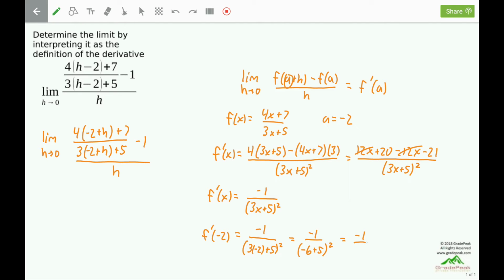So negative 1 over negative 6 plus 5 is a negative 1, and then squared. So we have negative 1 over negative 1 squared. Negative 1 times negative 1, which is a positive 1. And we have negative 1 over positive 1. Anything over a 1 is equal to itself, so we have negative 1. And therefore, this overall limit up here is equal to negative 1.